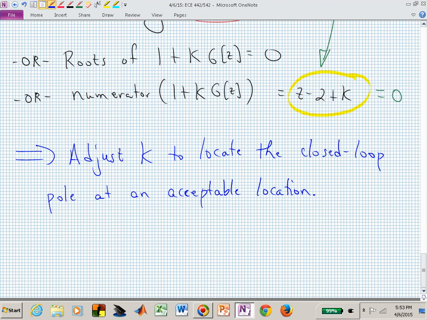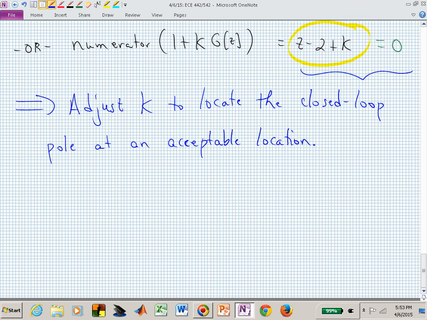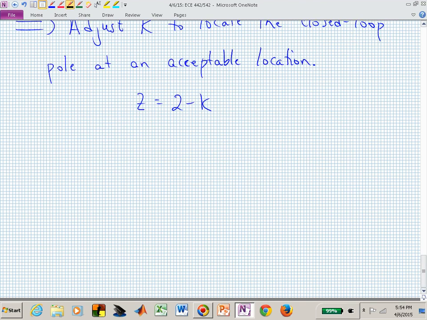If we solved that equation right here, then z is equal to 2 minus k. And we want to know what values of k we can live with or give us reasonable values. Let's actually look at this from a more visual perspective.